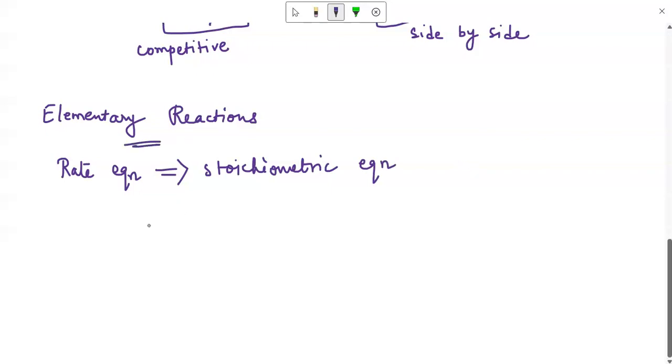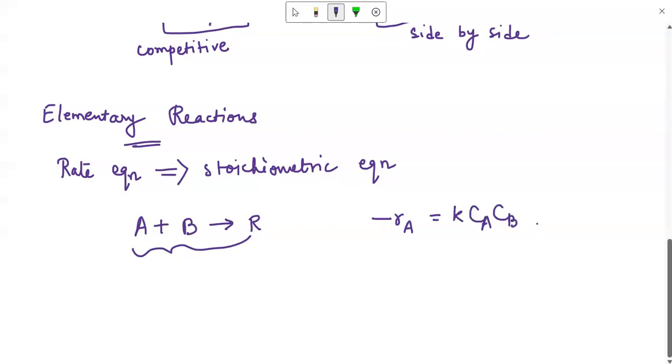For example, let's say we have a reaction A plus B gives product R, and this is the stoichiometric equation, its rate equation is given as kCACB. In this case, we will call it an elementary reaction.